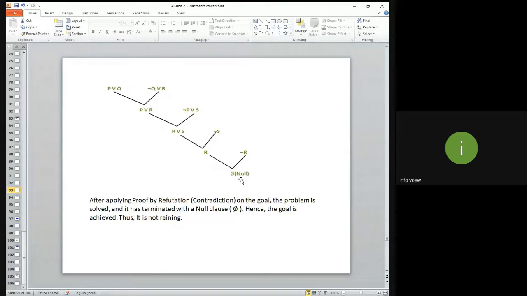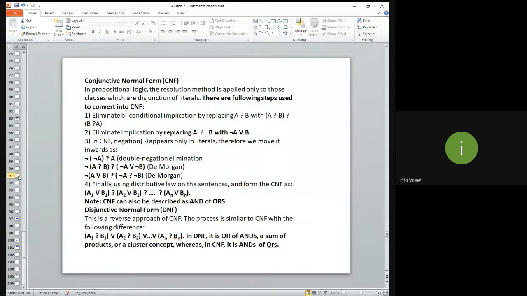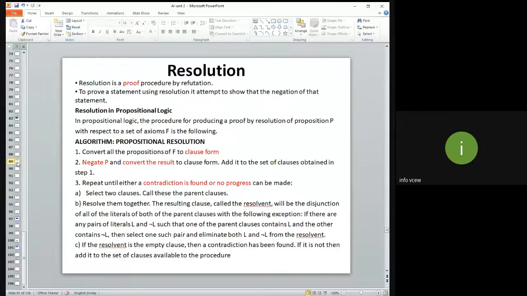It is not raining. Yes, now you understood propositional logic. Resolution என்னன்னு சொல்லியிருக்கோம்? That is proof by refutation. Refutation என்னது? That is opposite. You want to negate, you want to find that contradiction.